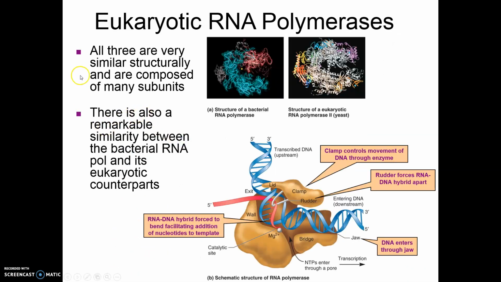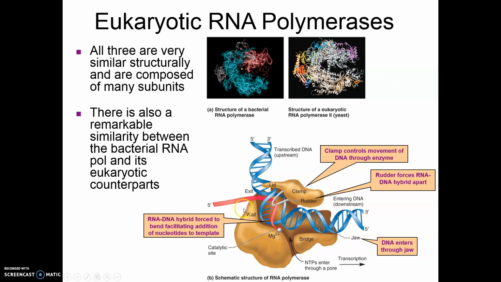All right. All 3 of these polymerases structurally look very similar, and they're actually very similar to the bacterial RNA polymerase. Here's a picture of what a bacterial polymerase looks like. Here's a eukaryotic polymerase. They have the same overall shape.